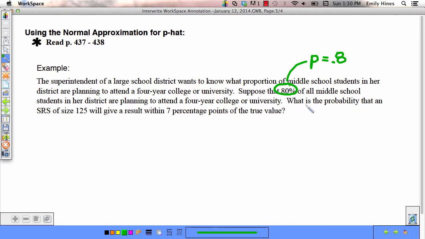Okay, so what is the probability that a SRS of size 125, there's my N, will give a result within 7 percentage points of the true value? So basically I'm asking about a p-hat. What is the probability that my p-hat is going to be within 7 percentage points, which means it's going to be less than or equal to 0.87, but greater than or equal to 0.73.